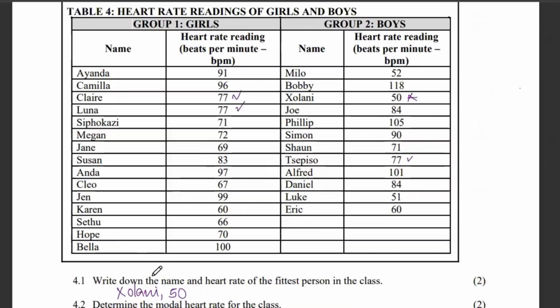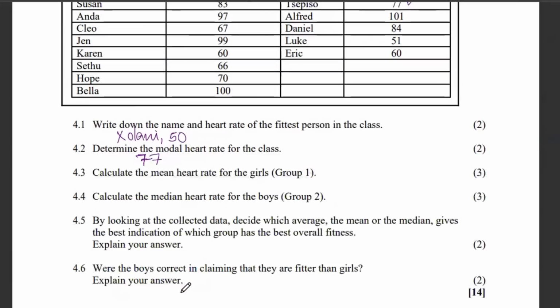We are adding 91 plus 96 plus 77 plus 77 plus 71 plus 72 plus 69 plus 83 plus 97 plus 67 plus 99 plus 60 plus 66 plus 70 plus 100. So we have it as 1,000.